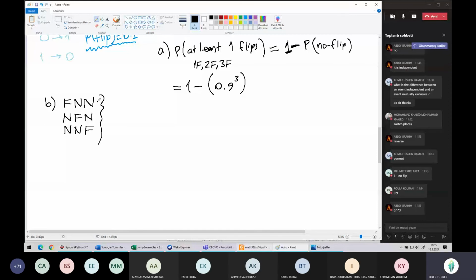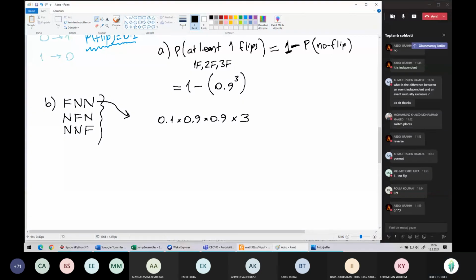So, what is the probability for the first one? Flipping probability is 0.1, no flip 0.9, no flip 0.9, and we have 3 of them.